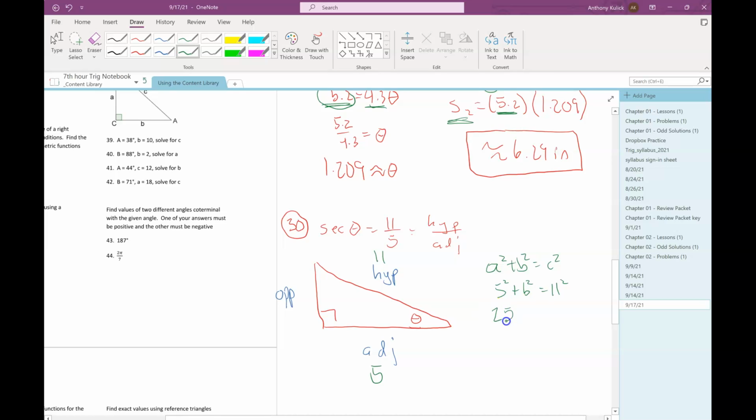So 25 plus B squared equals 121. Subtract 25 from both sides. And then we'll square root both sides. That's 4 square root 6, or you could make it a decimal if you want. I'm going to use the radical.